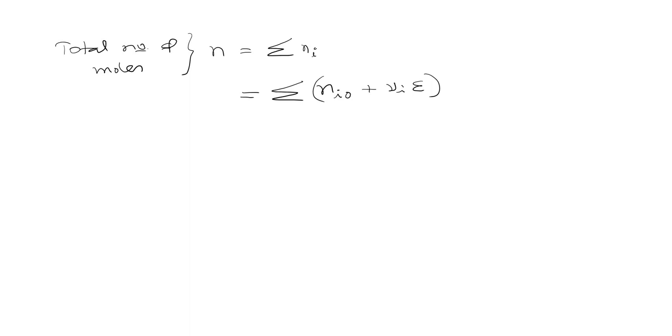This is the expression for Ni, and we can divide this into two. The summation of Ni naught is nothing but the total number of moles before the commencement of the reaction, or at the initial condition.